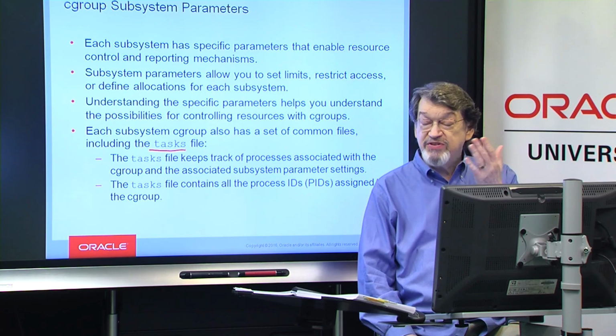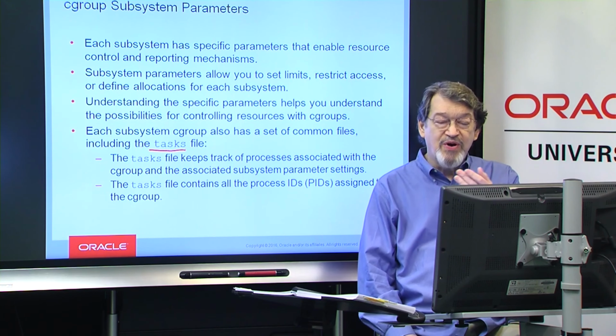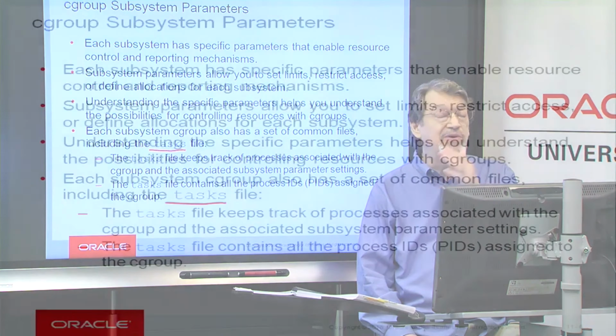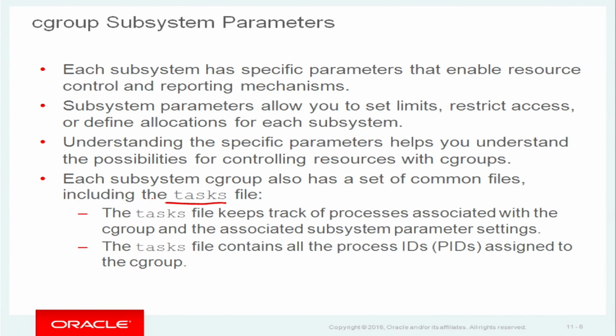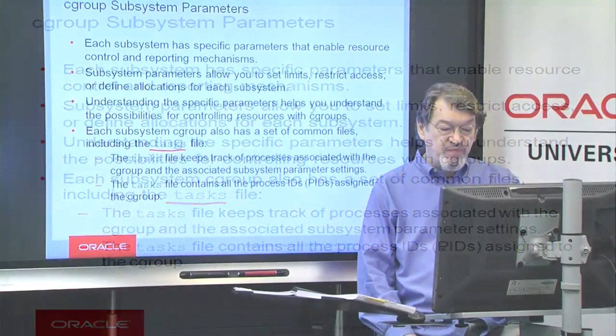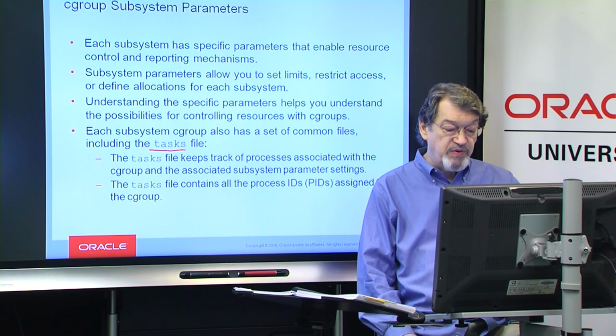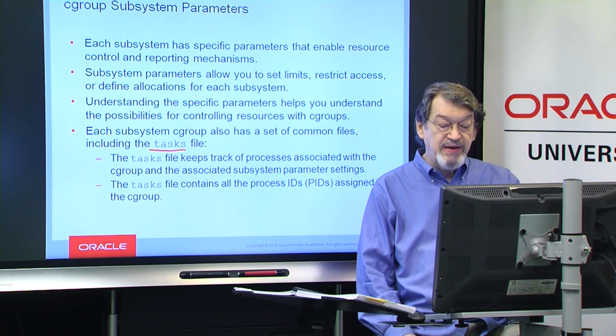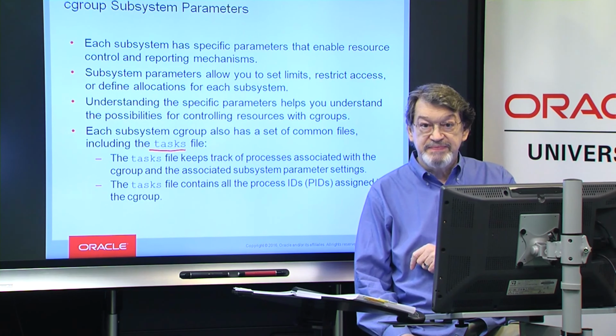Yes, I've used Apache. It's good. However, with Oracle, if you're doing a web server, you're probably not using Apache, nor Tomcat, but you're probably using WLS, WebLogic Server, from Oracle. So I can take a process ID, a task. The task file keeps track of processes associated with the C group and associated subsystem parameter settings.